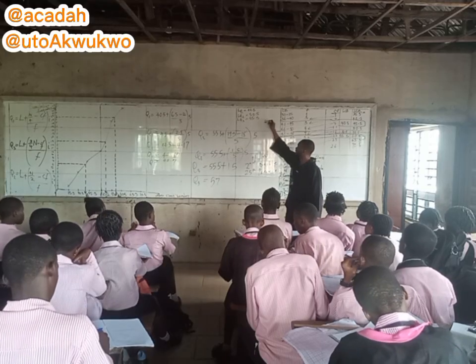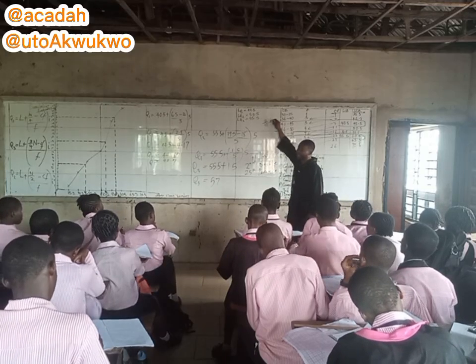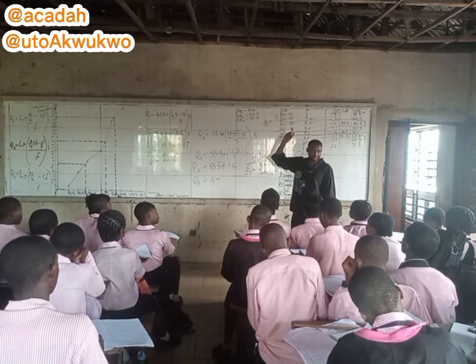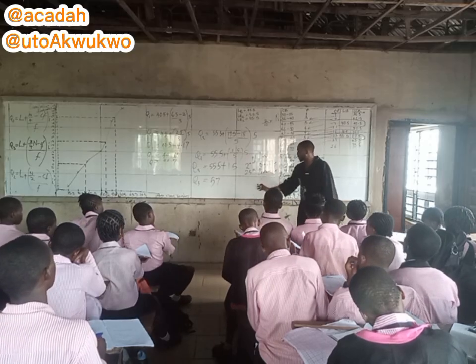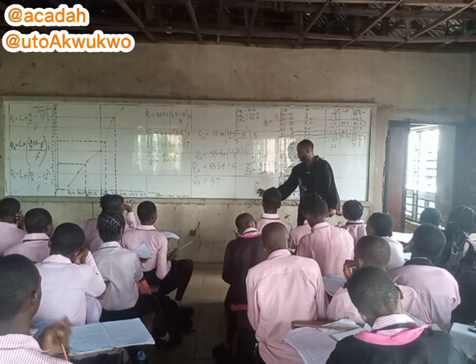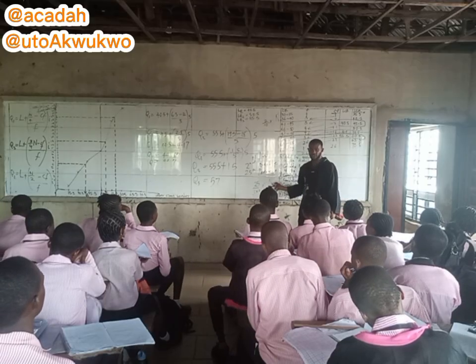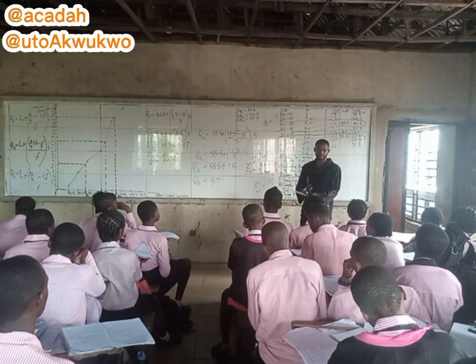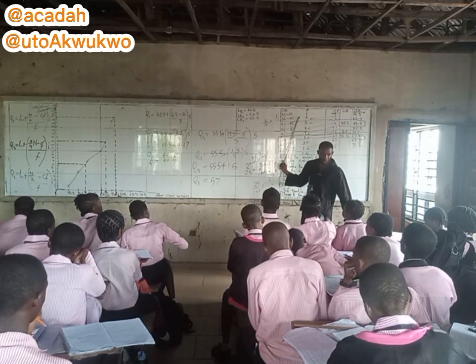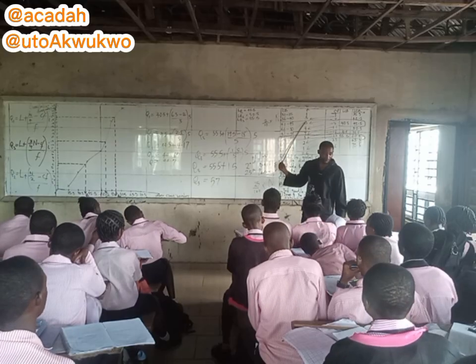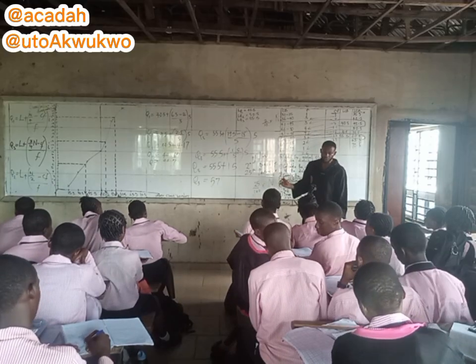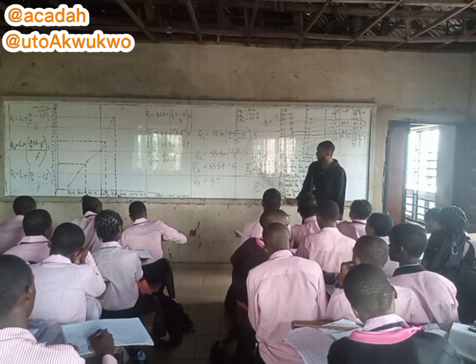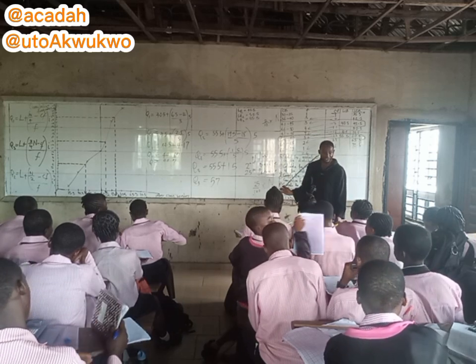So that means second decile is 2 over 10 times the total frequency. You get it now? The 25th percentile will be 25 over 100 times the total frequency. The question is this question, this distribution. Find me the median using the formula and also find me the second decile and the 25th percentile.